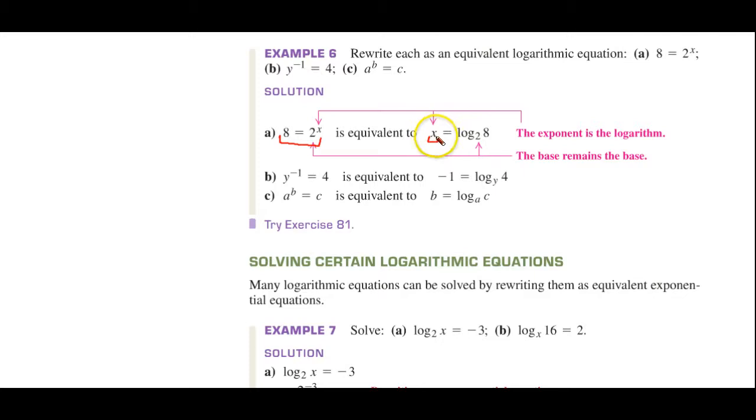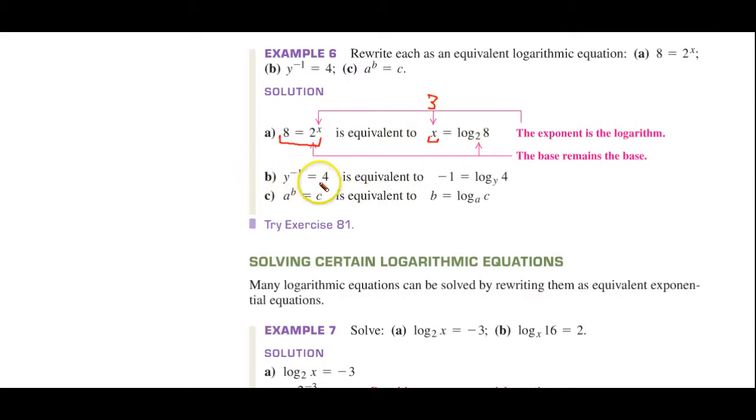And we already know what our x is going to be, right? What is it going to be? It's going to be a 3. So 2 to the third here, but they just want you to write it out to practice doing this.